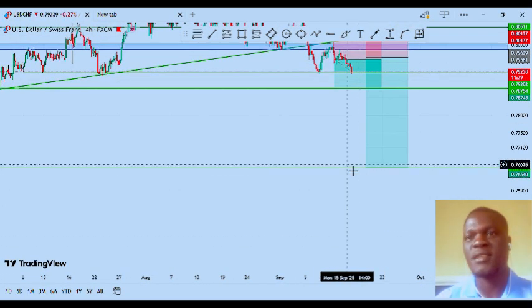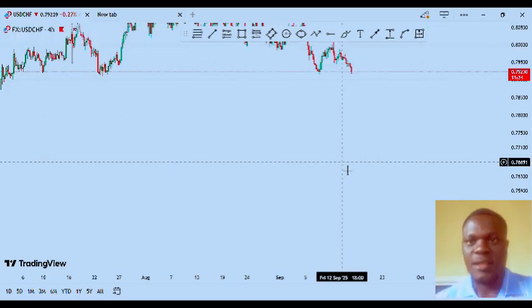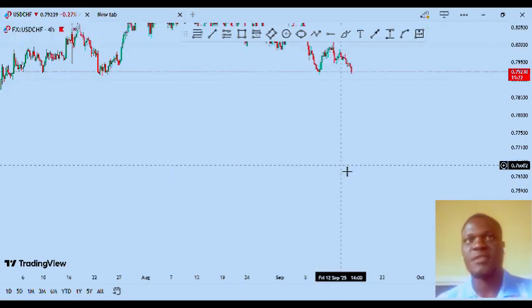So we might see some crazy move since the DXY is in a bearish move. USDJPY is going to be selling, and every USD pair, GBP, Euro, they are going to be buying.